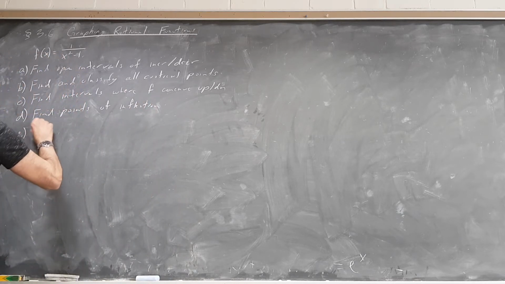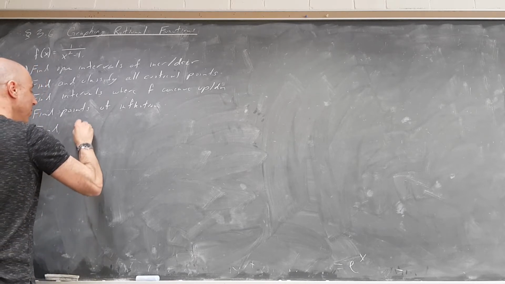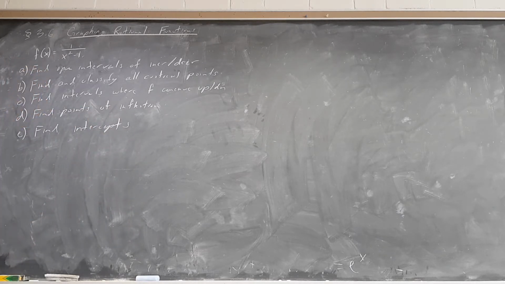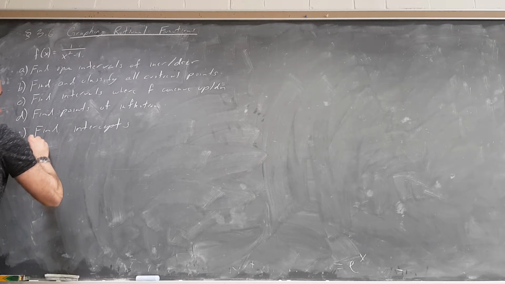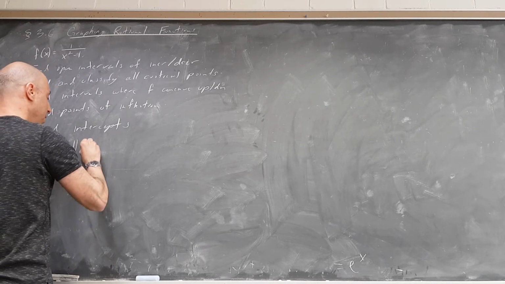E: let's do intercepts, x and y intercepts, where it crosses the x and the y axis. F: find all horizontal and vertical asymptotes, assuming it has some.